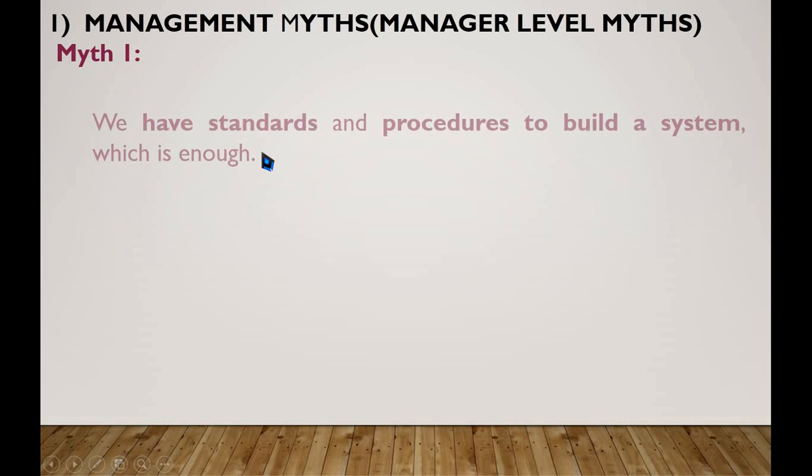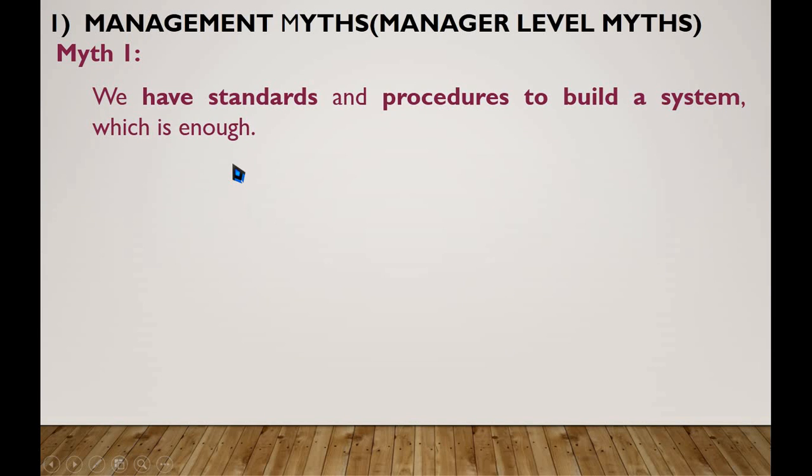Myth 1 says we have standards and procedures to build a system, which is enough. If management thinks that they have standards and procedures to build a system and that is enough, then that is a misunderstanding, a myth for management. Why?